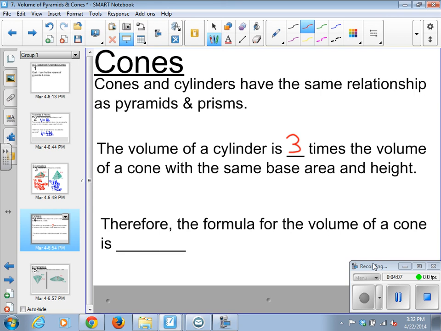Therefore, the formula for the volume of a cone is also 1/3 times the area of the base times the height. And we know that with a circle base, the area of that base is pi r squared. So we have 1/3 pi r squared times the height.